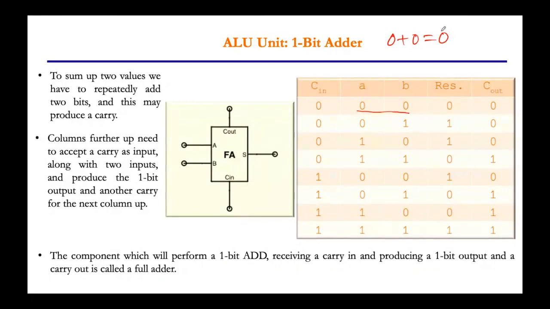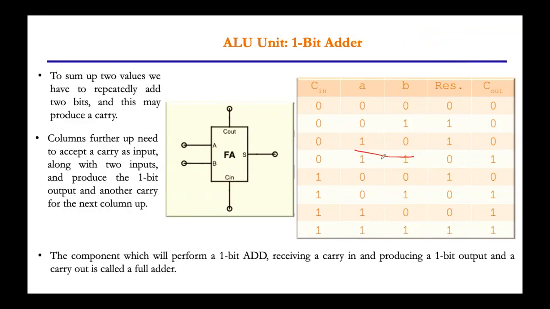Here you can see if inputs A and B are 0, then 0 plus 0 result is 0. So you don't have any carry in or carry out. In the second case, you can see 0 and 1. So 0 plus 1 is equal to 1. The result is 1, and here also you don't have any carry in or carry out.